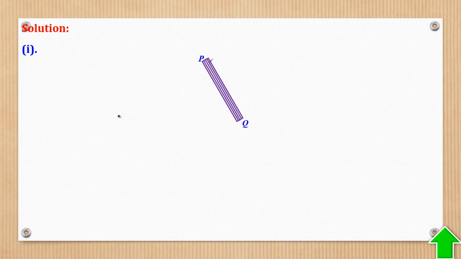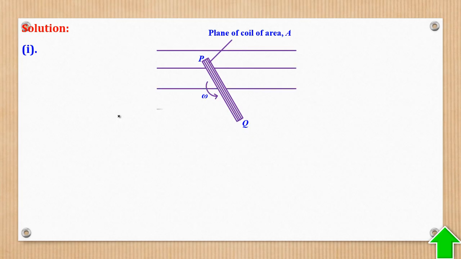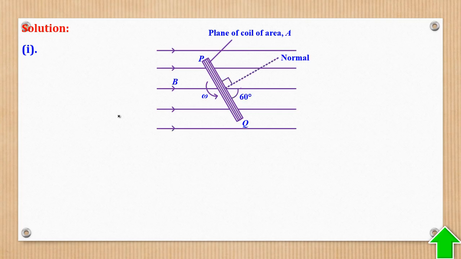So here we're making a sketch to see where the angle is. This is the 60 they have given us, but the angle we are using is between the normal and the field, so it will be 30.